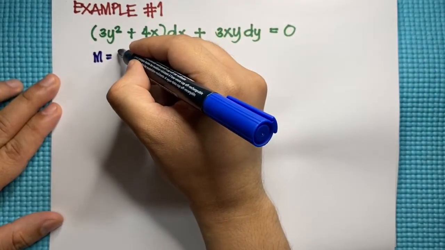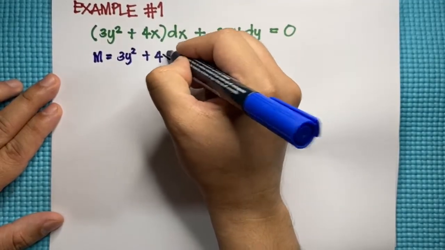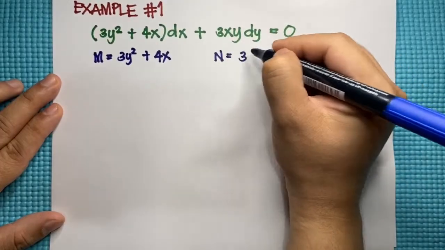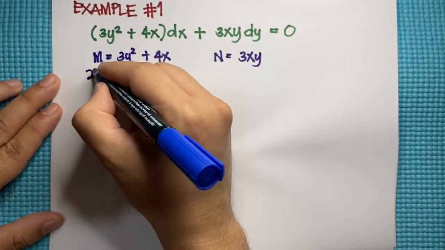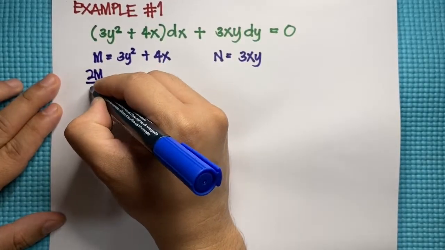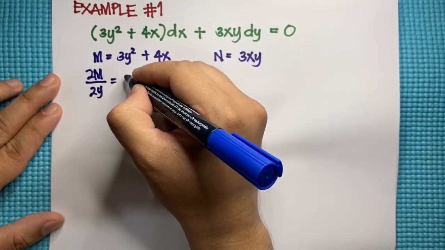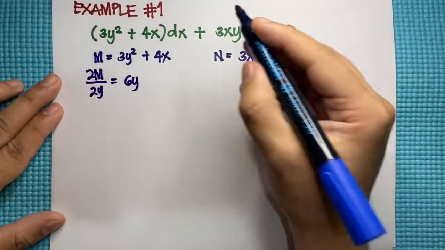Our M here is 3y squared plus 4x, and our N function is equal to 3 multiplied with x times y. Finding the partial derivative of M with respect to y gives us 6y, and 4x will be 0.